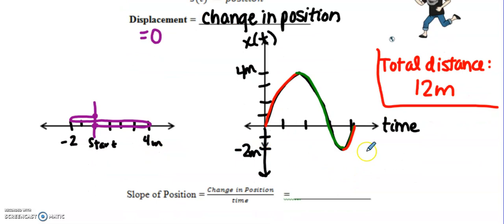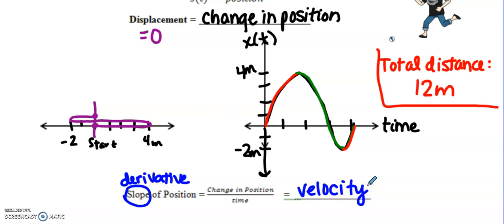So when we think about the slope of this graph, the slope, also known as the derivative in calculus, the slope of position would be the change in position over time, which those of you that are my physics people hopefully would tell me that that is equal to the velocity. It's the change in position over your change in time.